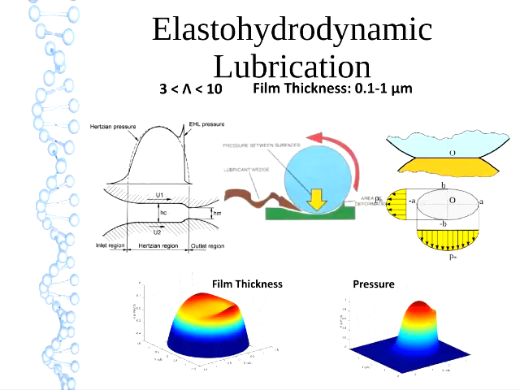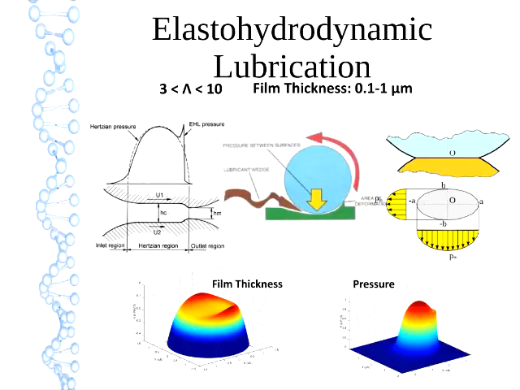You can see some examples. Here you've got the schematic of a Hertzian contact in the upper right corner. You've got a schematic of an EHL contact in the upper center. You can see that there's deformation of the surface.